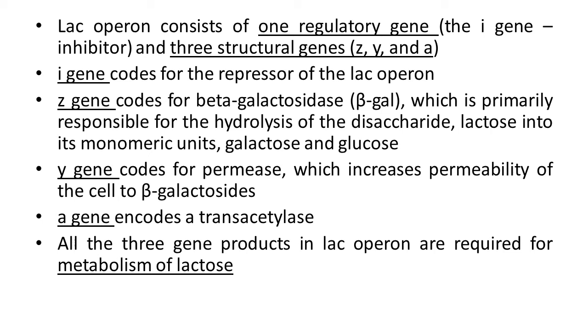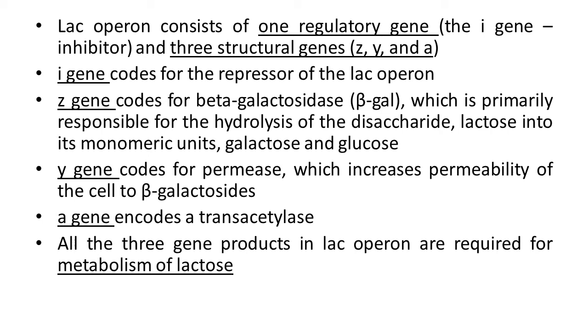They are Z, Y and A. So in short, the lac operon is the regulatory gene small i plus three structural genes Z, Y and A. The i gene, that is the regulatory gene or inhibitor gene, codes for the repressor of the lac operon. So it inhibits this mechanism, and that's why it's a type of inhibitor.